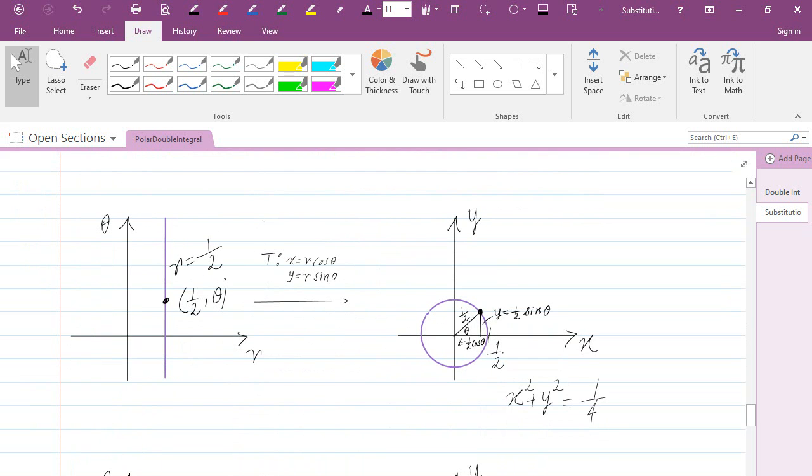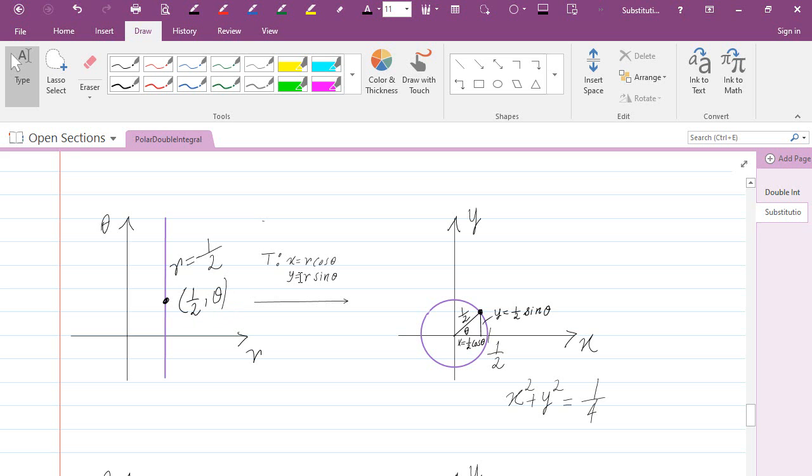Now, if we look at this vertical line, r equals half in the r theta plane, thinking of this equation as a rectangular equation, then the transformation T maps that onto a circle of radius half. Why is that the case? If I take a point on this line, the first coordinate is half and the second coordinate is some value of theta.